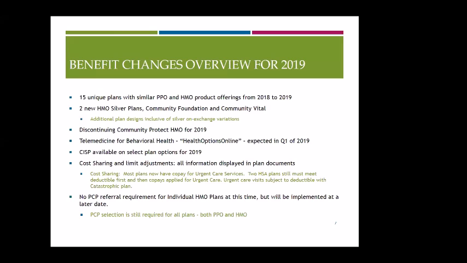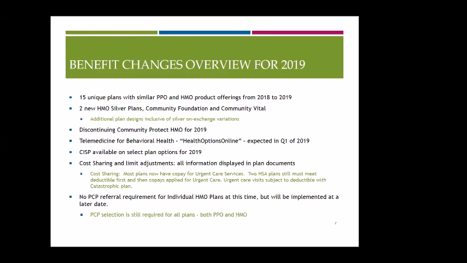So a quick overview of some of the benefit changes that we have upcoming for 2019. We aren't having as many changes this year as we did last year, so many of our plans have remained the same. We have 15 unique plan designs with similar PPO and HMO product offerings that we had last year.